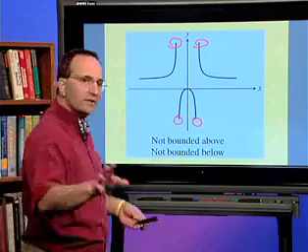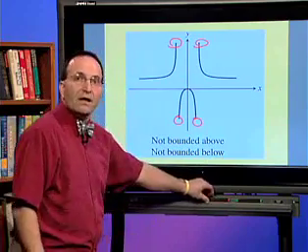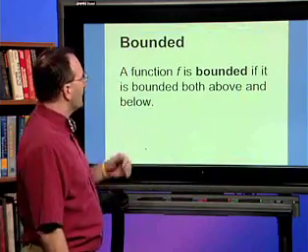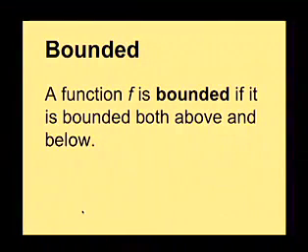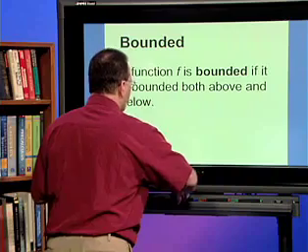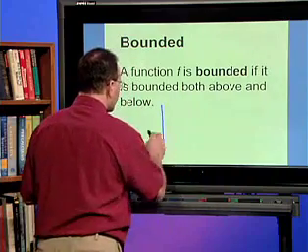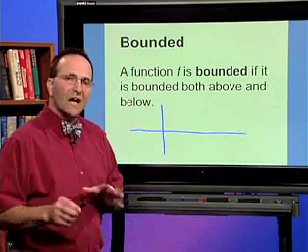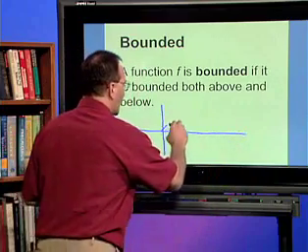Well, what about a function that is bounded from both above and below? A function is bounded if it's bounded both from above and below. A good example of this would be a curve that you may be familiar with called the sine curve or the sine wave.